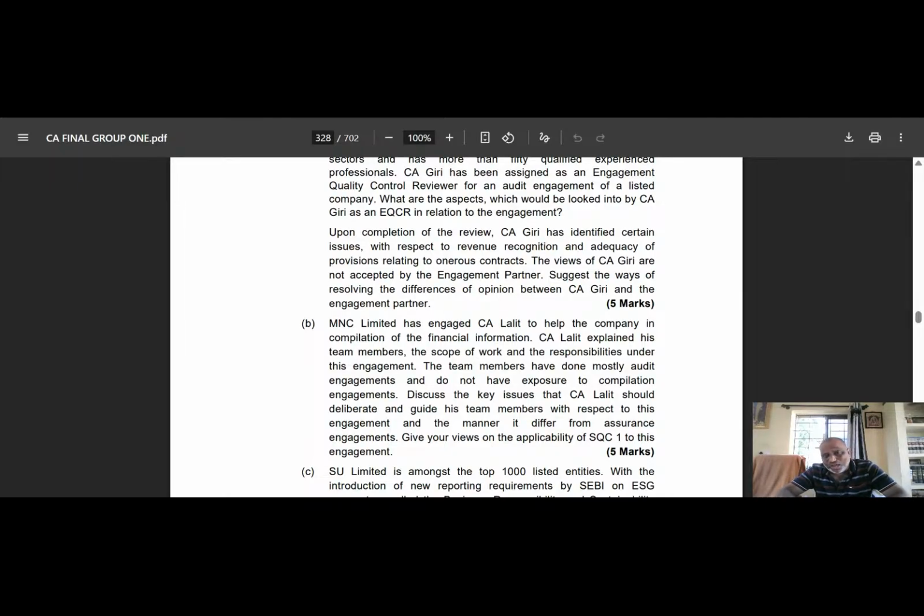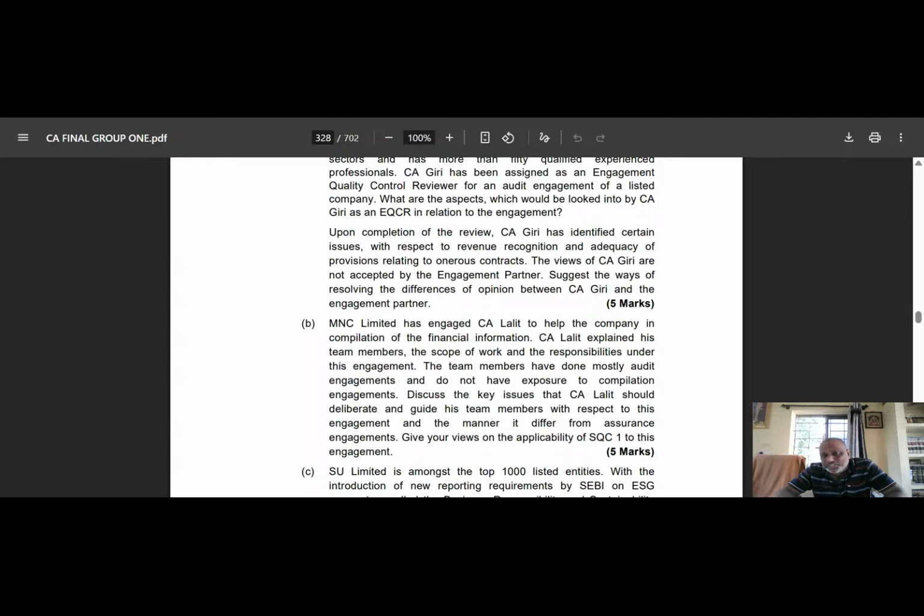As per SQC1, quality control for firms that perform audits and reviews of historical financial information and other assurance and related service engagements, there might be difference of opinion among the engagement team, those consulted, and between the engagement partner and the engagement quality control reviewer.